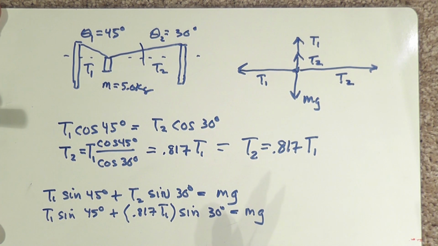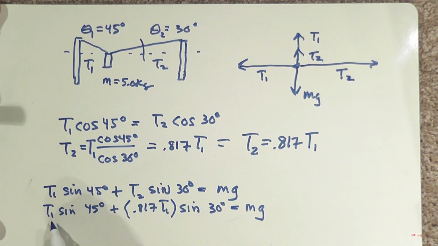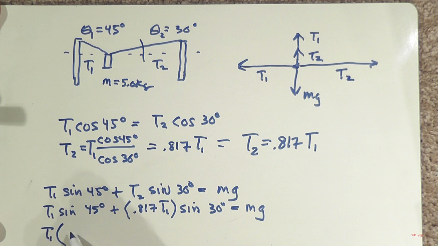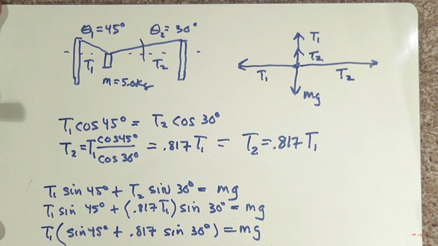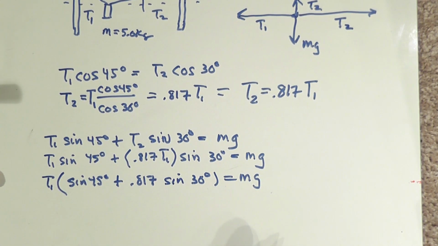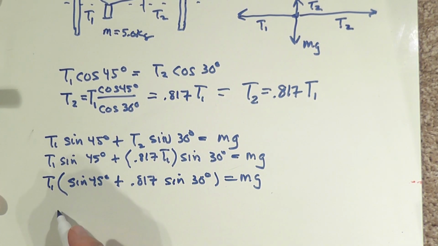Okay. Now we need to take T1 out of there. So that would be T1 times sine 45 degrees plus 0.817 sine 30 degrees is equal to mg. Now we're just going to solve for T1.